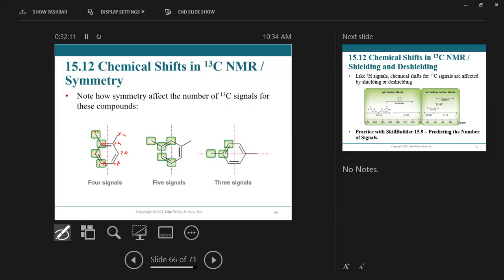Here we see 5 signals, and here we see 3. That's because this is equivalent to this right here. Here's your 1 signal. If I call this one Z and this one Y, you'll have 3 different signals right there.